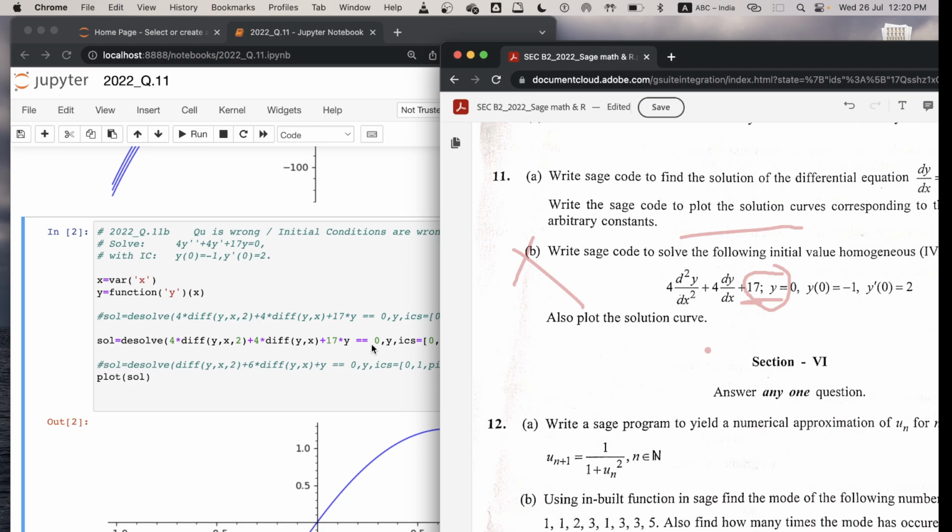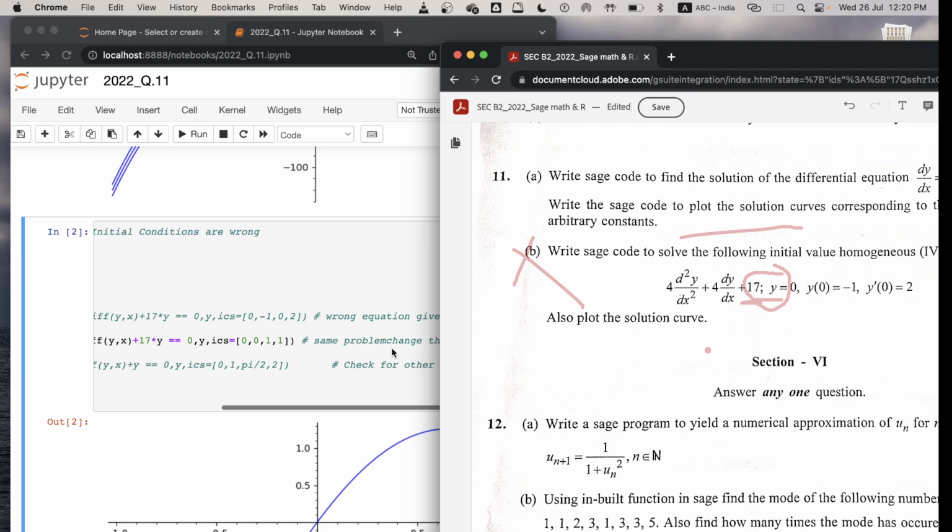17y equals 0. We solve it with desolve, and the initial condition is given by ics, a predefined option. The first value is x0, the second is y at x0, the third coordinate is the value of x1, and the fourth coordinate is the value of y at x1.